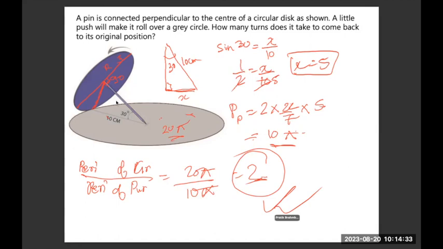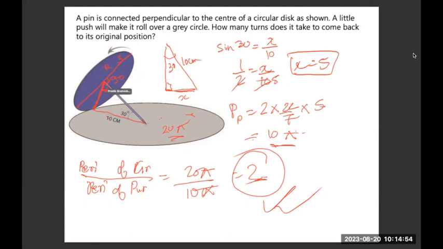Any doubts, any questions? Won't the base be 10 rather than the hypotenuse? No, you look at the triangle. Vishwa, look at this triangle. If I draw this triangle, this angle will be 90 degrees.